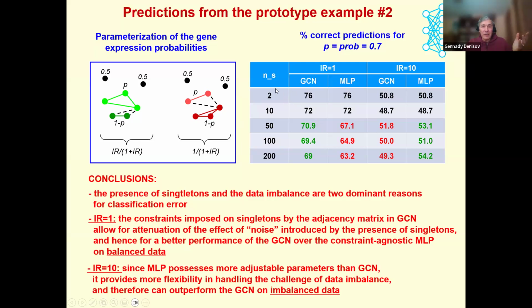In general, at small numbers of singletons, there's no difference between the two. You see the smaller the number of singletons, the better the accuracy of predictions. The more correctly predicted, the higher the percent of correct predictions. So I think that addresses the question, if I correctly understand the question.